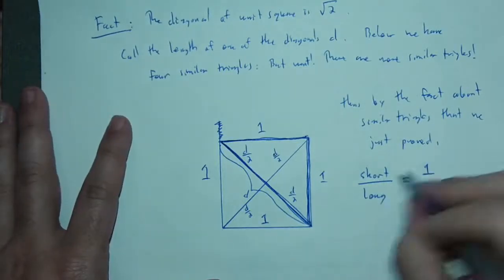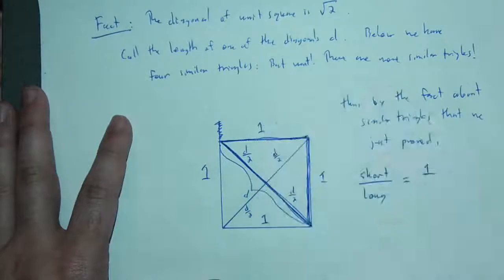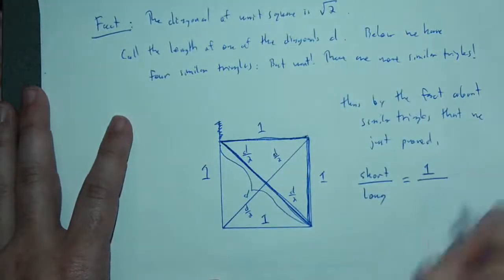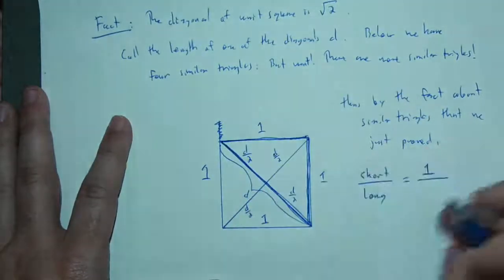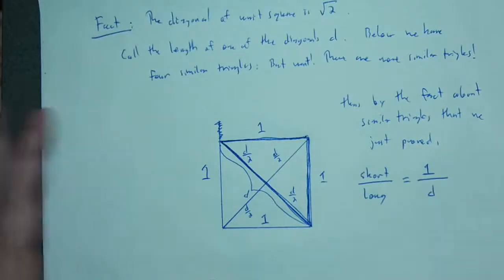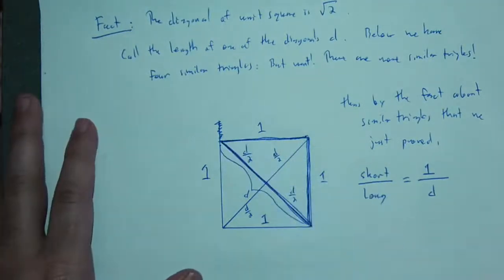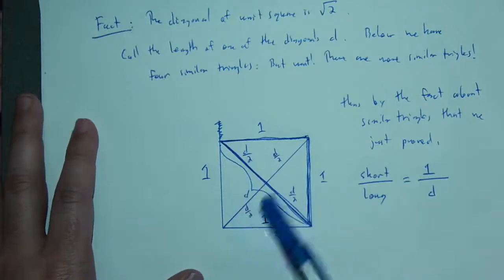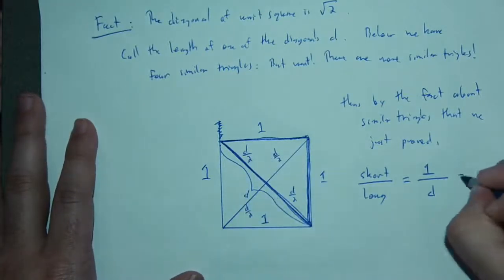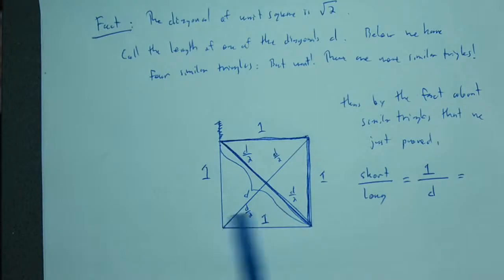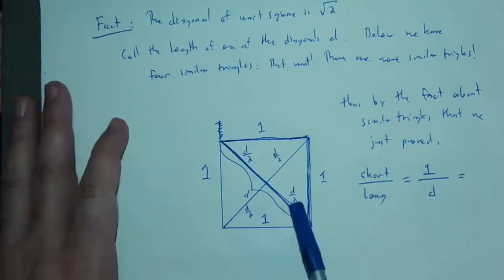So anyway, short in the bigger triangle, the short side is 1, divided by long. Well, the long side in the bigger triangle is length d. But since this triangle that I've highlighted has to be similar to each of these four triangles, in each of these four triangles, what's the short side? Right. So what is the short side in these smaller triangles?